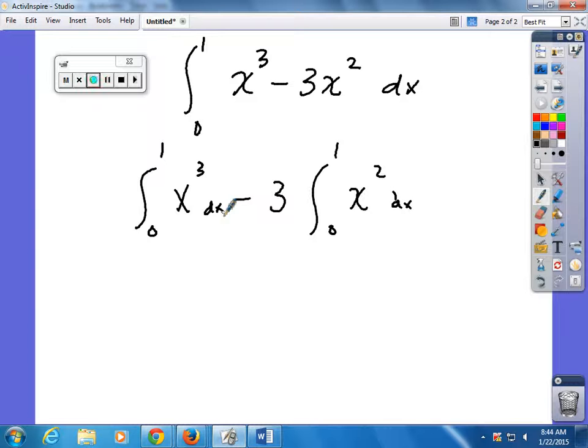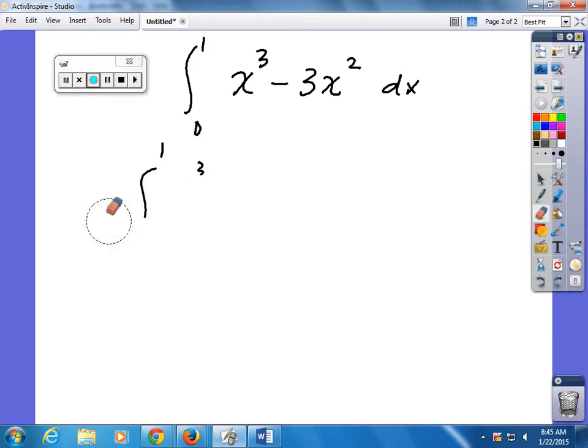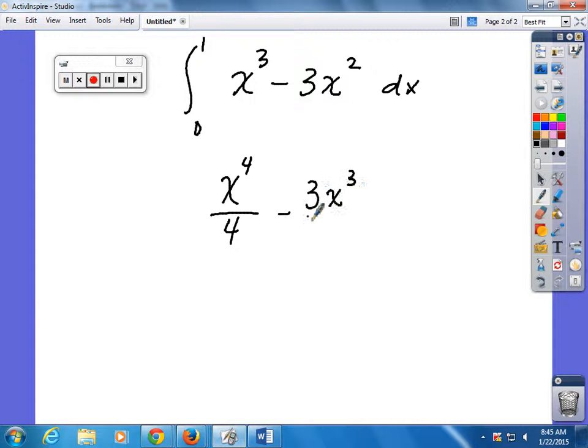I don't like doing it that way, so I'm going to erase that and do it my way, the way I usually do it. So, x cubed would be x to the what? 4th over 4 minus, be careful here, you have to do another step. 3x squared becomes 3x to the 3rd over 3, and the 3's cancel.